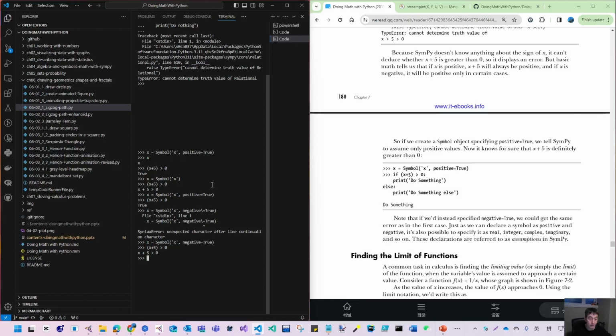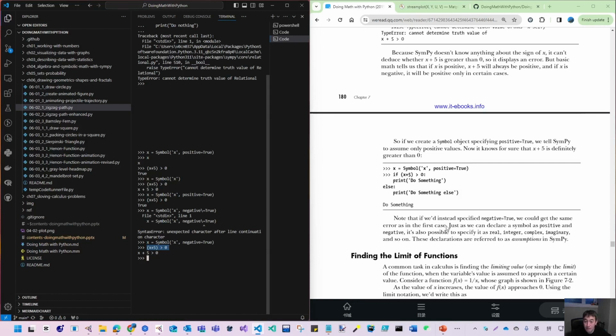Why? Because only seeing it's negative is not enough. A negative number close to 0 can still make this expression true, and only when x is less than or equal to negative 5 can this be false.